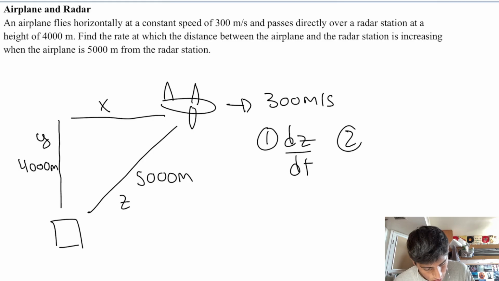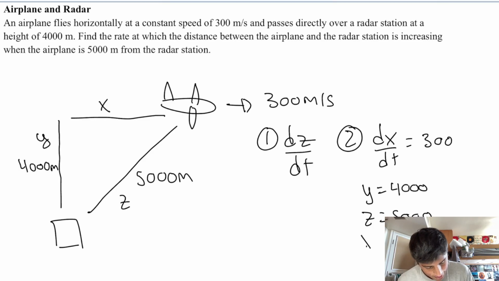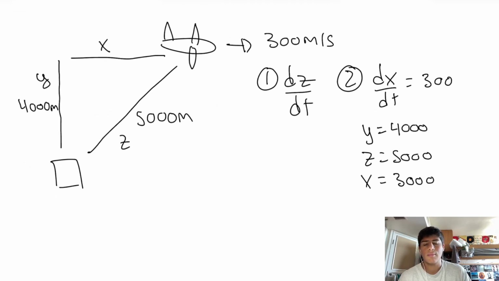We know dx over dt equals 300, positive 300, because it's going in the positive x direction. We know y equals 4,000, z equals 5,000, and we can say x equals, unless my memory is failing me, 3,000. Double check this.